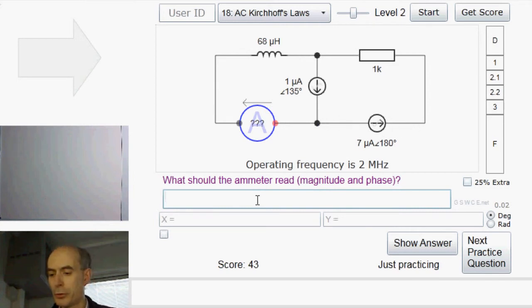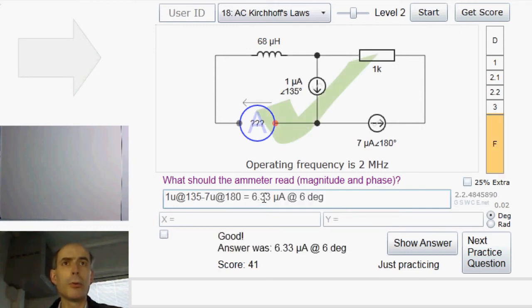So the answer must be 1 micro at 135 degrees minus 7 micros at 180 degrees, and so on. Just use the complex calculations, and these are quite straightforward. It gets a bit harder at level 3 when you're no longer allowed to use complex arithmetic.